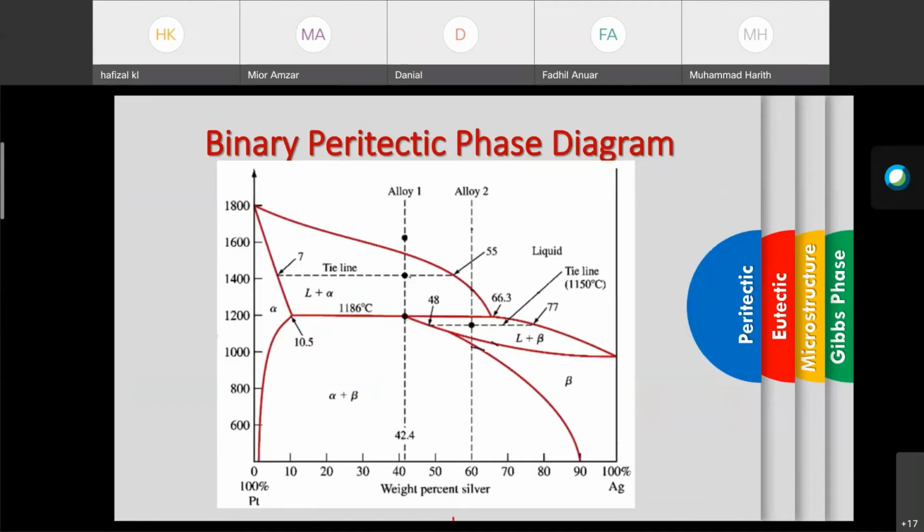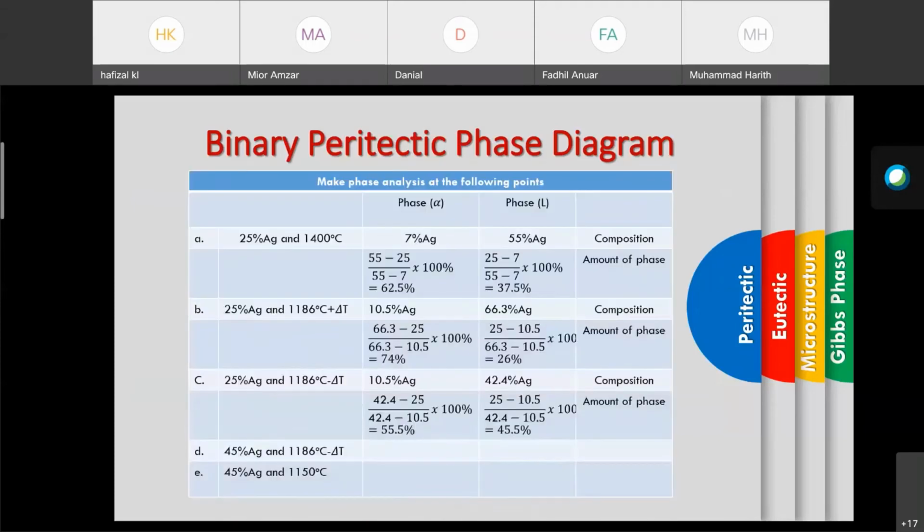I think we are at the end of the lecture. And what will happen at this line of 55 percent Ag? This one maybe you can go through to get the value. Maybe I have some mistake from here, so maybe you can work out the value.